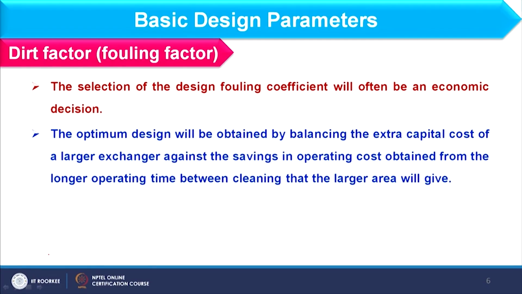So, the optimum design will be obtained by balancing the extra capital cost of a larger heat exchanger against the savings in operating cost obtained from the longer operating time between cleanings that the larger area will give. I hope you understand how to select the optimum dirt factor. In the graph I just discussed, there are two factors, first capital investment and second operating cost.